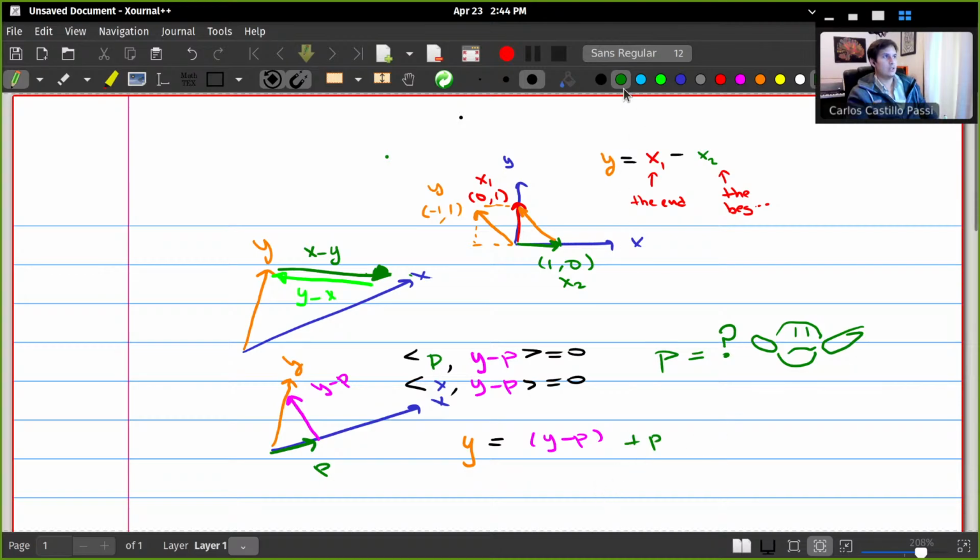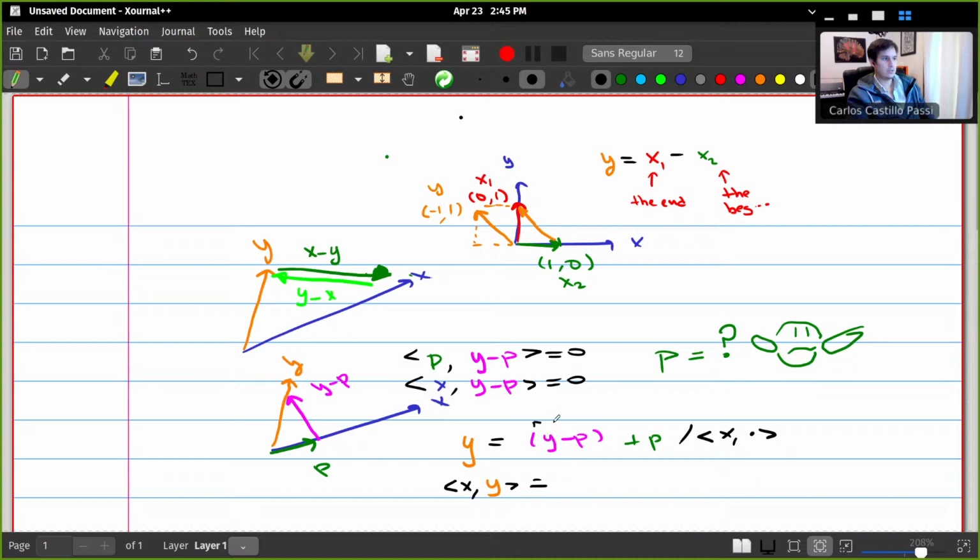If we do the inner product on both sides by the vector x, we obtain x, comma, y, and by definition the dot product between x and y minus p is 0, so this part disappears.